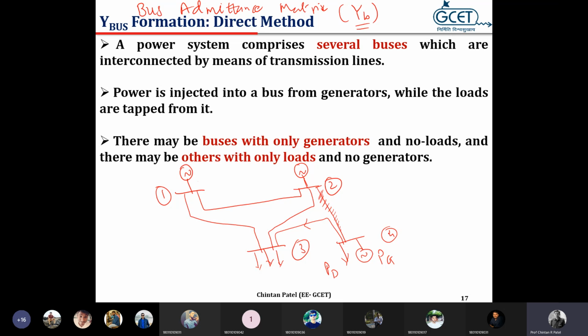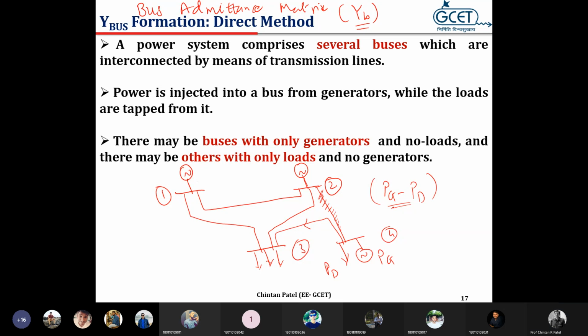PG is the generation at bus 4. PD is the demand at bus 4. So can anyone tell what amount of active power is flowing from bus number 4 to bus number 3? PG minus PD. Yes, it is the difference. So this PG minus PD is called the net power injected at bus number 4. So at bus number 4, net power is the difference of these two, generation minus demand.